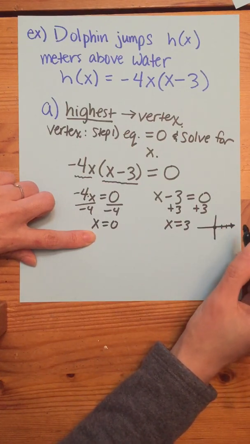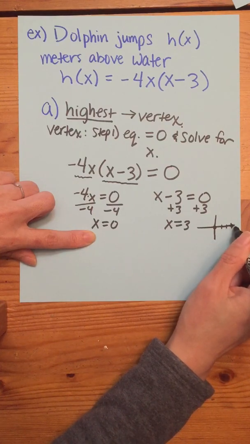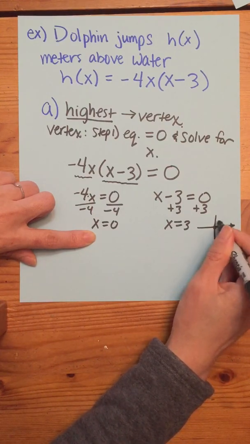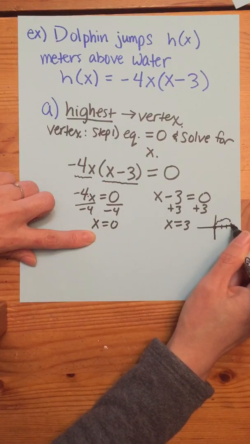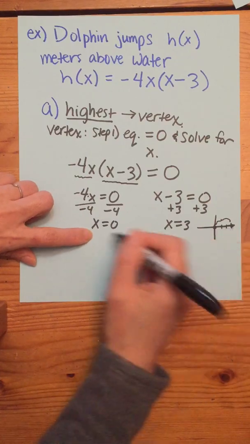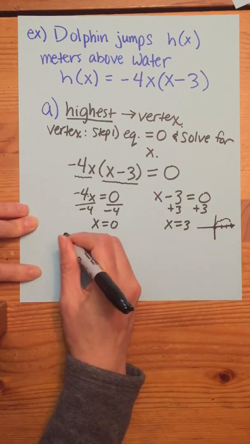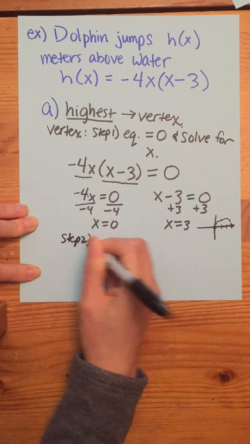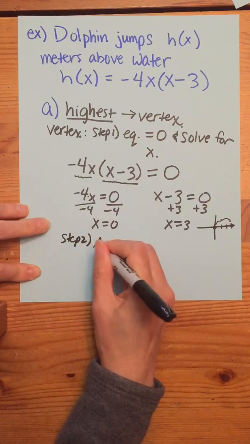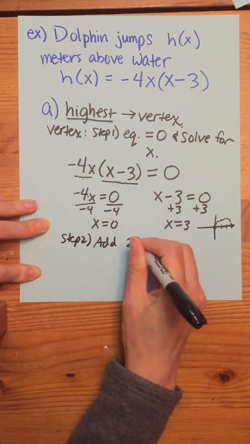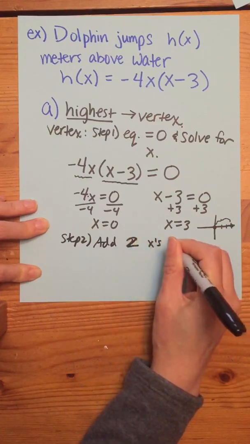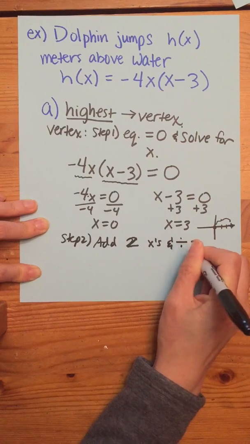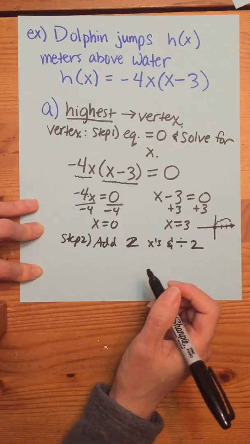In this parabola, the vertex is always exactly in the middle of these two points. It's always centered because it has to be symmetrical. So after step 2, I add the two x's and divide by 2 to get the average, because I want to be exactly halfway between them.